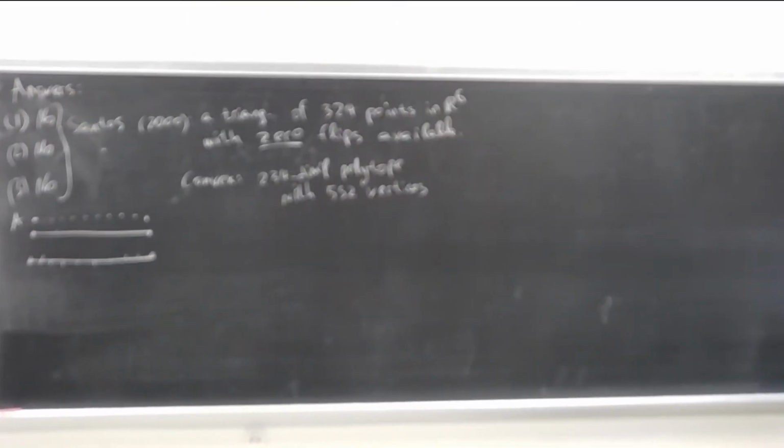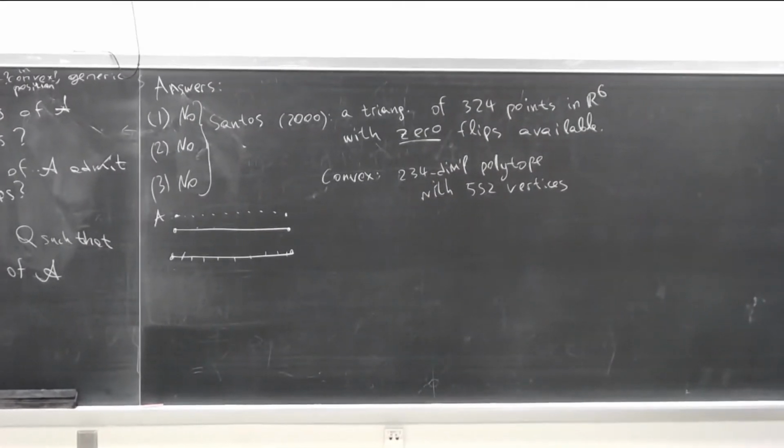So these questions are asking whether we can have a very natural analog of this associahedron. The associahedron answers all 3 questions in the affirmative. But in general, you have these annoying counterexamples.